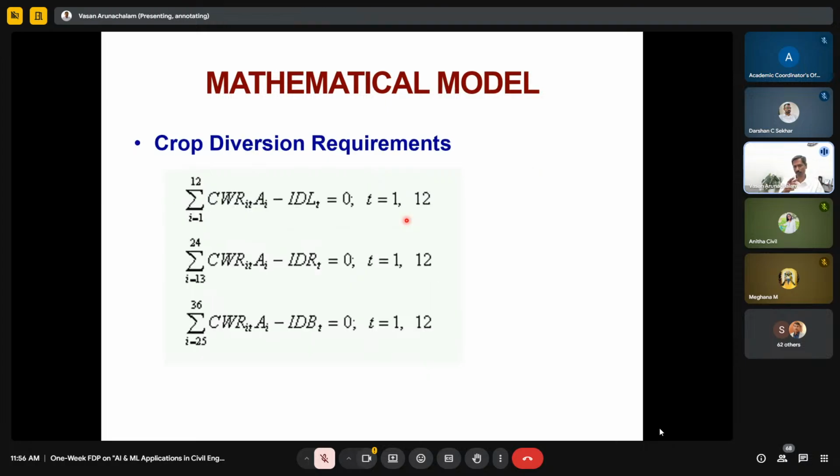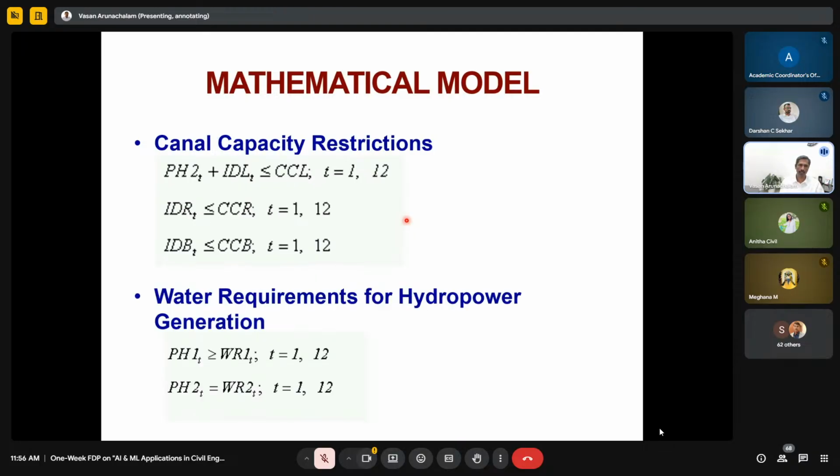And in the same way, I will identify the demand based on how much area of a particular crop is there. I told you the crop water requirements I will calculate using one of the most popular methods called the Penman-Monteith method. And then I will decide what is going to be the irrigation demand for the left main canal, right main canal, and Bungra canal.